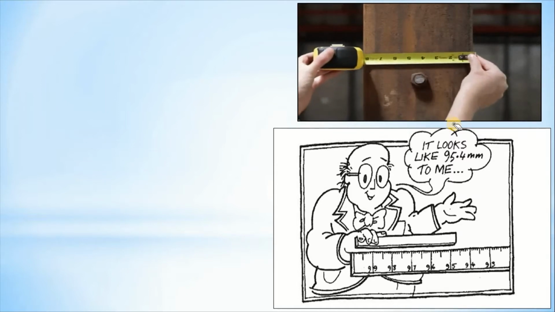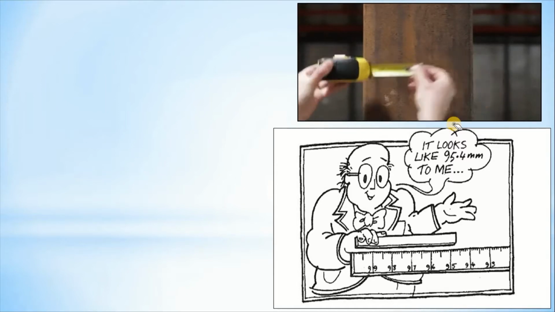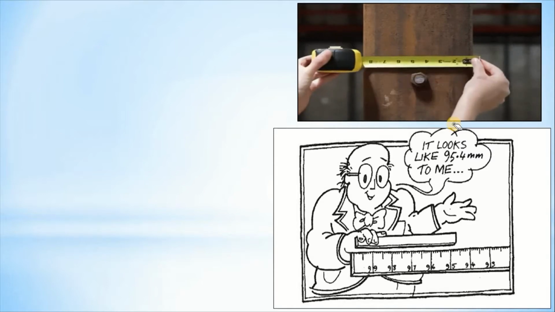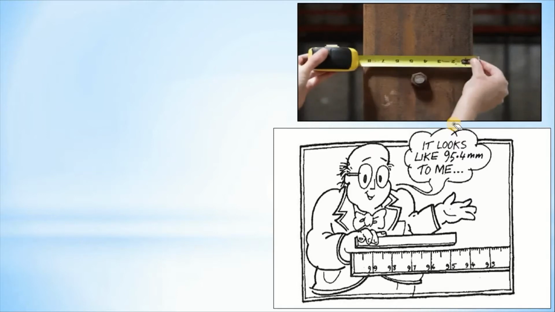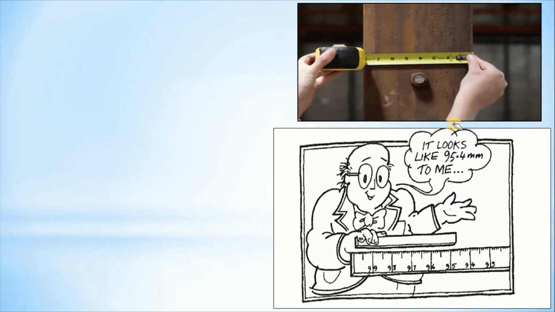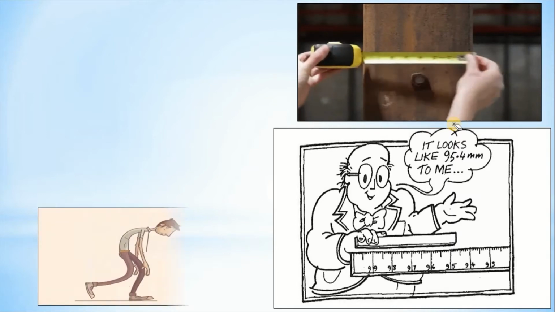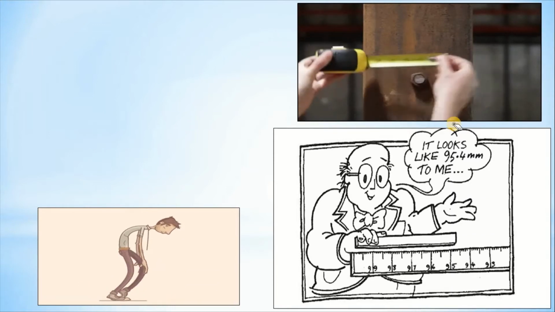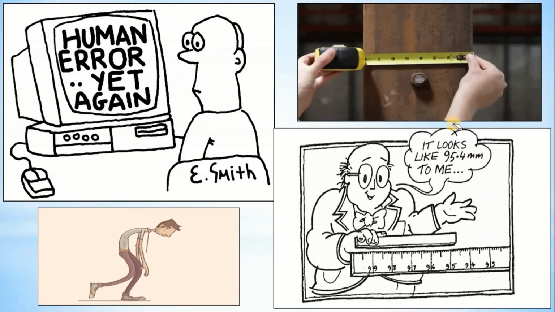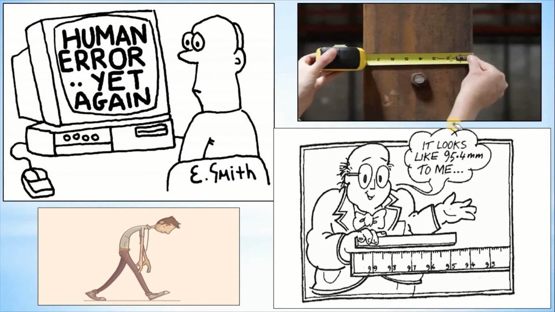He will observe the reading using the measuring instrument and note it down. But as time passes and he keeps taking continuous readings for the same objects, there is a possibility that he will feel tired and make some error while measuring.